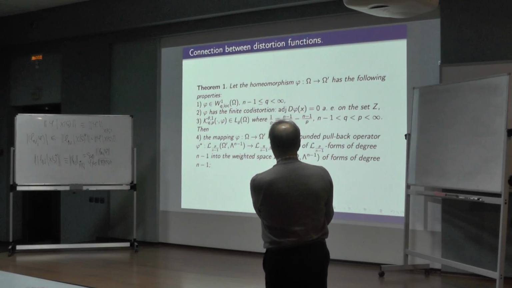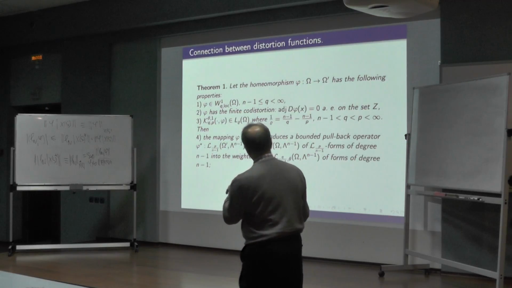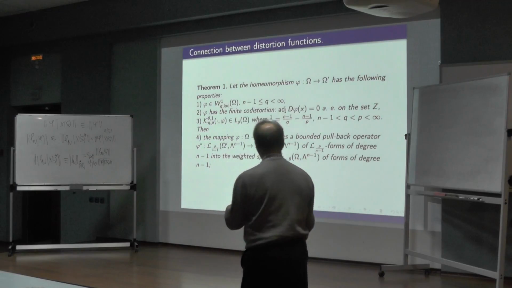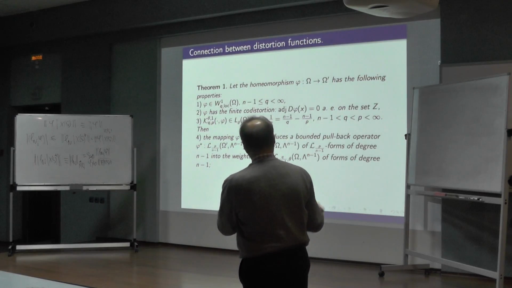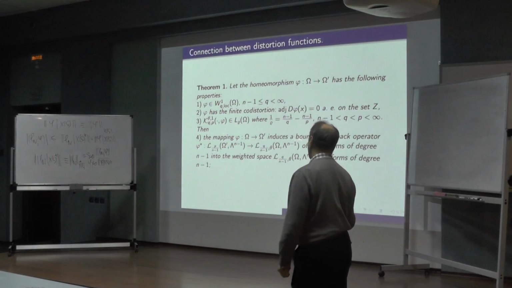And we have a pullback operator from this space of differential forms to this space of differential forms, so differential forms defined on the domain omega prime are transported to differential forms of degree n minus 1 defined on the domain omega.